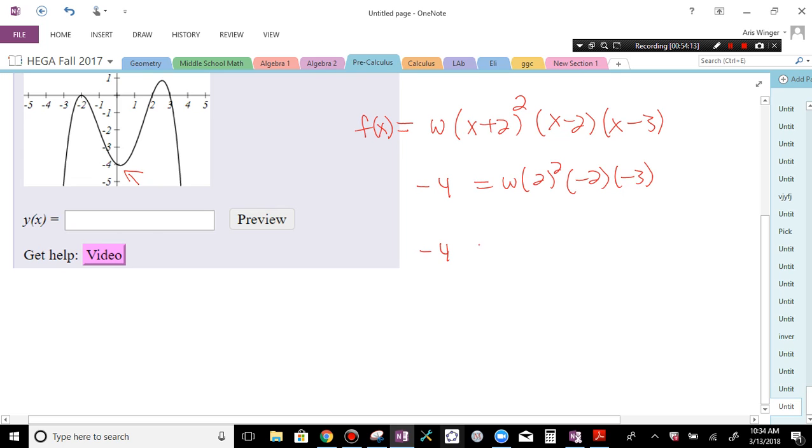Negative 4 equals omega times 24. Omega is negative 1 over 6. That fits the form pretty nicely.